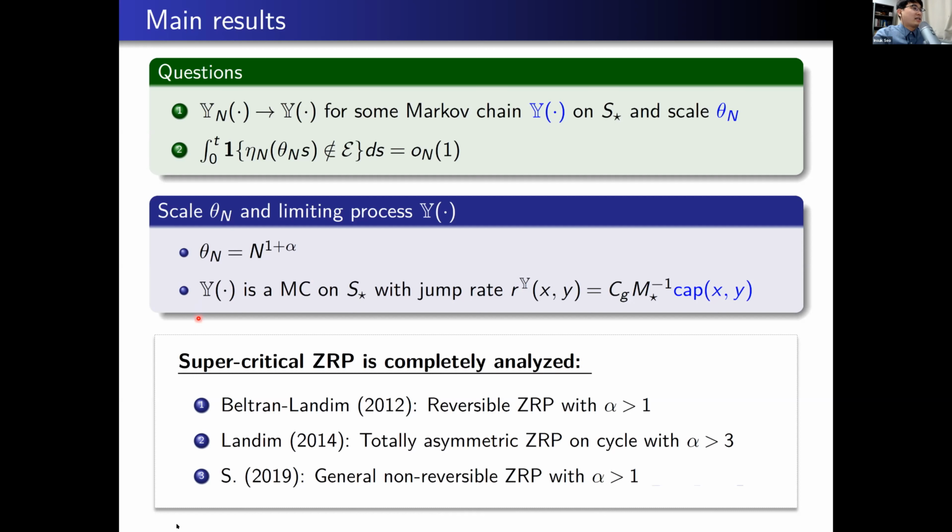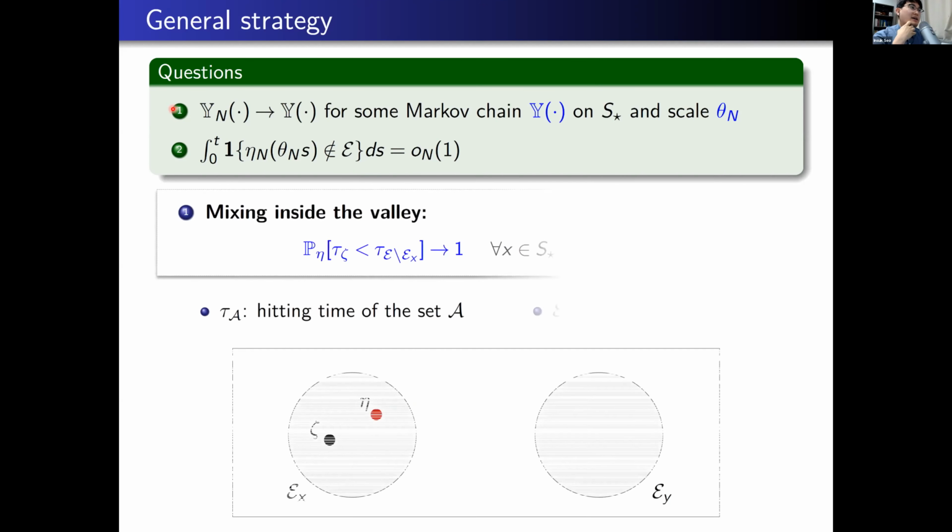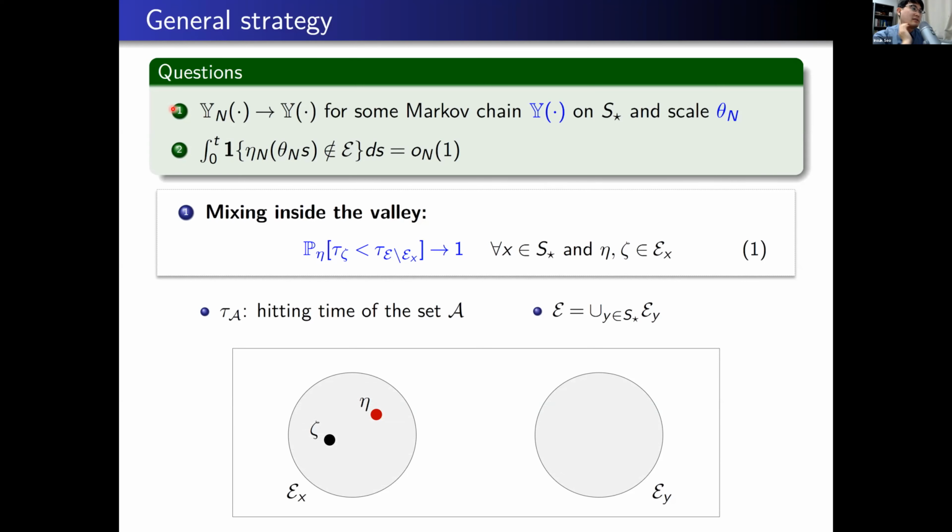So now I will explain how we can answer this question 1 in particular. The proof of this kind of convergence result of an order process to a Markov chain is based on 2 ingredients. The first ingredient is the mixing inside the valley.